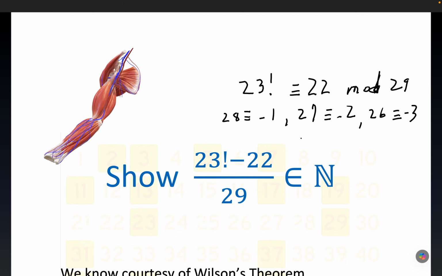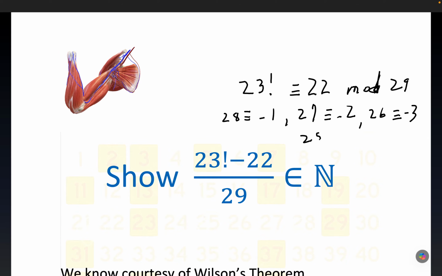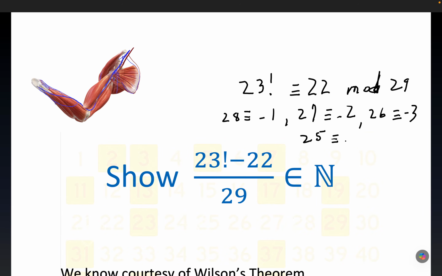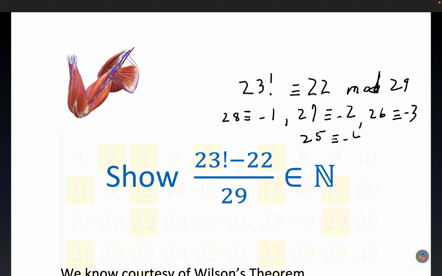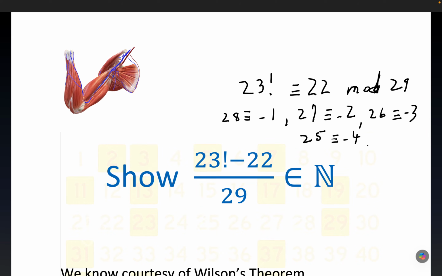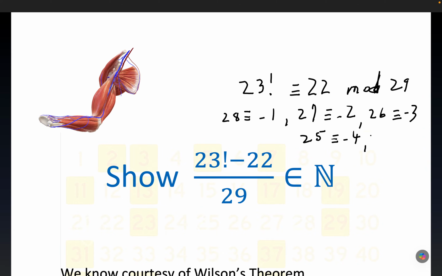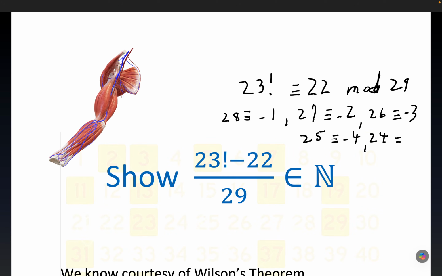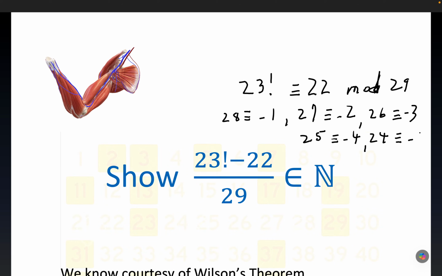You see, and so on. 25 is congruent to -4. What this means is, if we get into a modular arithmetic situation, we can substitute these depending on the nature of the circumstances. 24 is congruent to -5. Okay, and so on, folks.